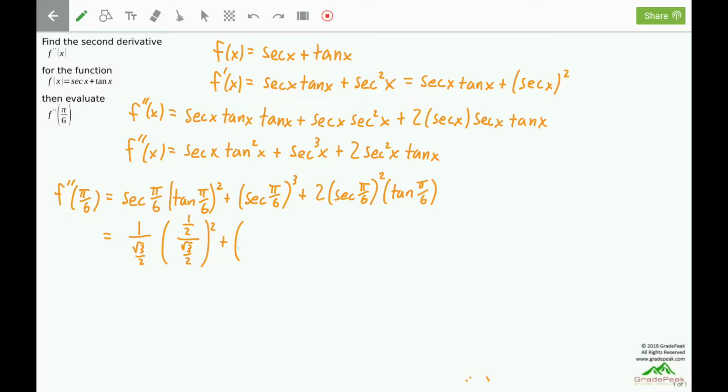And now we can replace the secant with 1 over square root of 3 over 2 everywhere we see it, and the tangent with 1 over 2 over the square root of 3 over 2 wherever we see it.